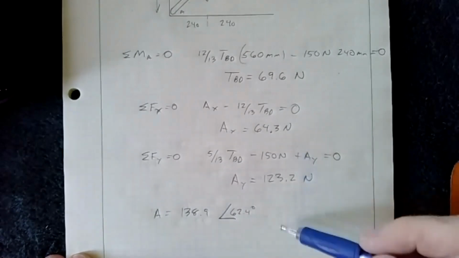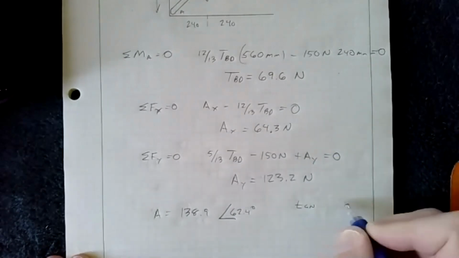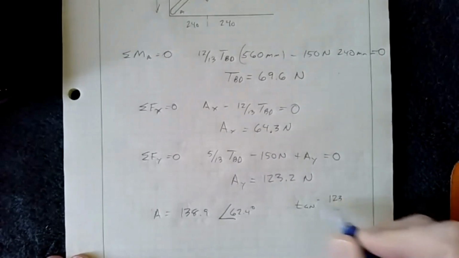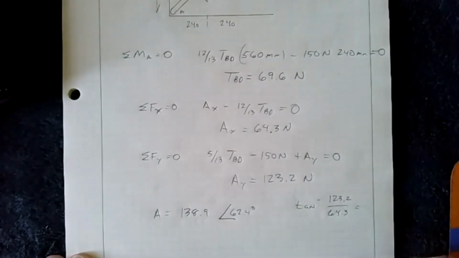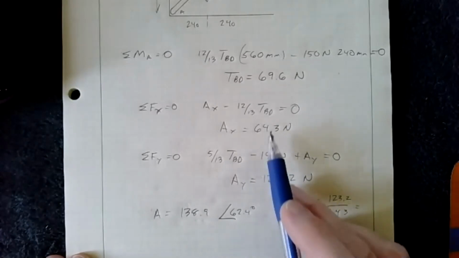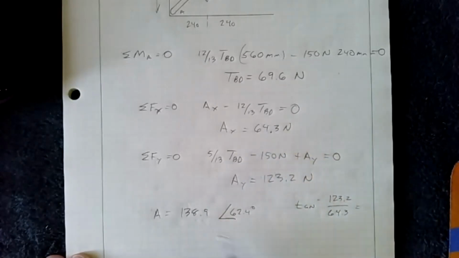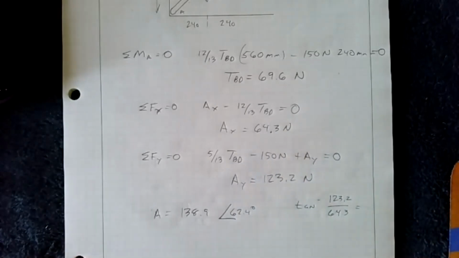So same thing. If I said inverse tangent of 123.2 over 64.3, you can check it, I'm sure that I would get 62.4. And if I square root, found the magnitude, I get that. So either one's acceptable, magnitude and direction, or component form.